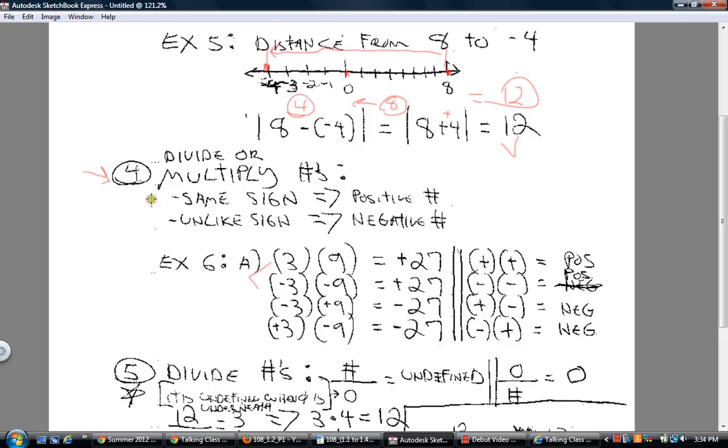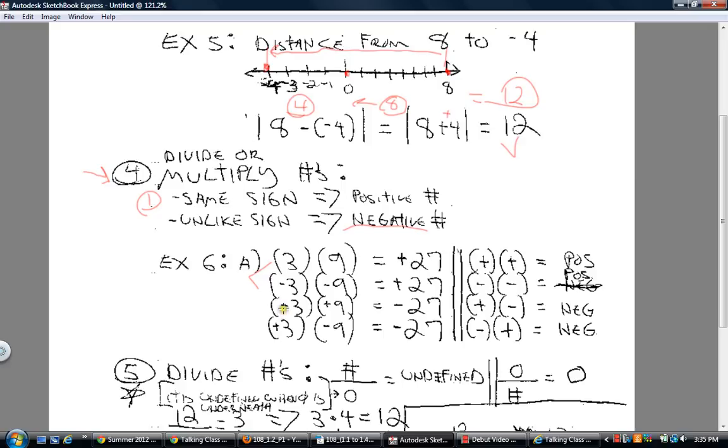I hate to give them numbers, but first rule, you could put a 1 if you wanted to. Second rule, if the signs of the numbers are unlike, meaning they're odd and even, when you multiply them, the result is going to be a negative. So look at these two examples. What's -3 times 9? Think of this.